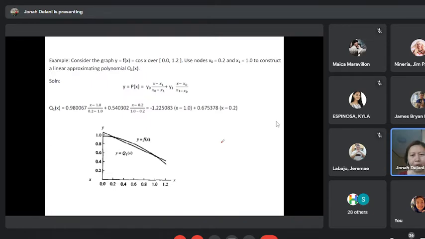Let us have an example for this linear approximation. Consider the graph of cosine x. The graph of cosine x is like that. Over 0 to 1.2, so from here up to somewhere here, x equals 1.2. That is the problem.